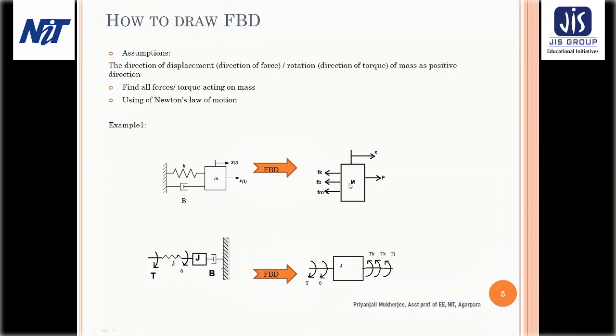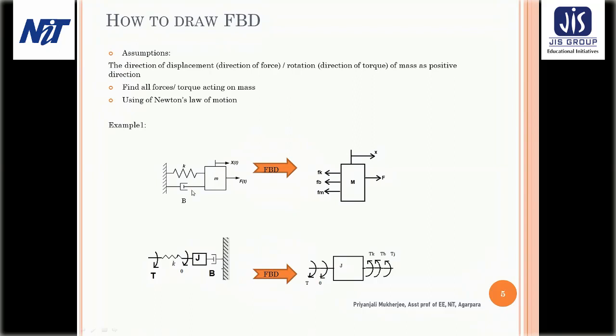So this is the mass m, the force is applied in this direction and the displacement is in this direction. So the acceleration has the same direction as this displacement, and the inertia force Fm will have the opposite direction of this displacement. So Fm is acting in this direction. Next, when we apply the force in this direction and x(t) is in this direction, that means k and b both are extended.